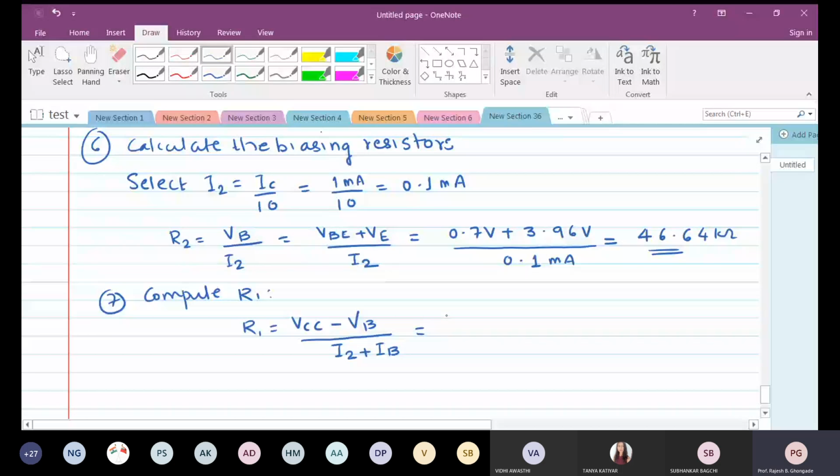So this turns out to be 12 volts minus VB, which was 0.7 volts plus 3.96 volts, divided by I2 which is 0.1 milliampere plus 1 milliampere by 100. So how am I calculating IB? IC by beta.